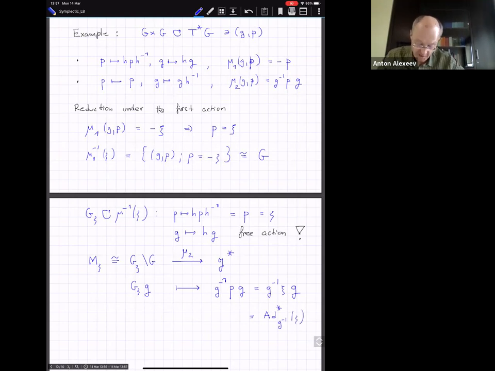Right, so this map, mu_2, is establishing an isomorphism between the reduced space and the coadjoint orbit, right?